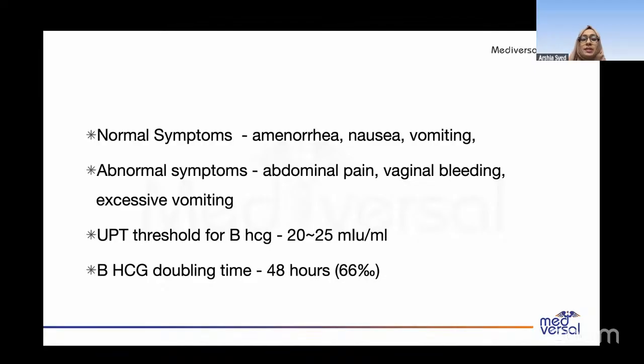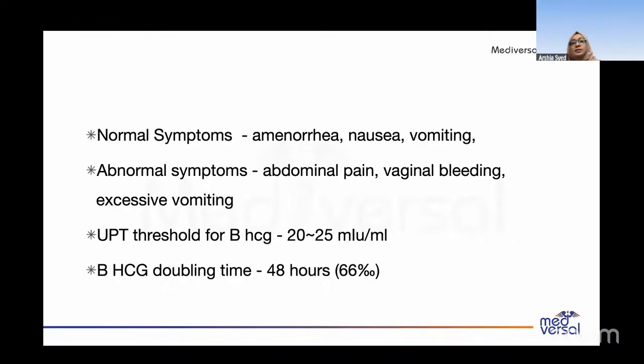In most of the abnormal pregnancies that we think of, for example abortions or ectopics, or if you're suspecting that it might be a failing pregnancy, in such cases we do a baseline beta HCG. Suppose you've done a baseline beta HCG today at 7 p.m. After 48 hours, you will repeat the beta HCG and see.